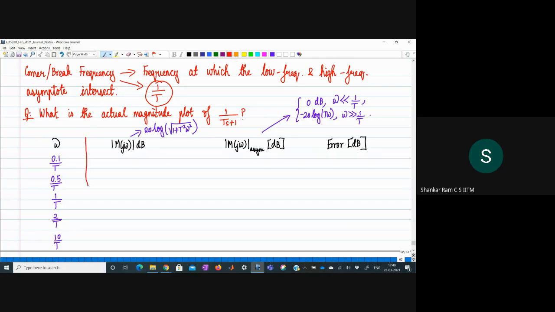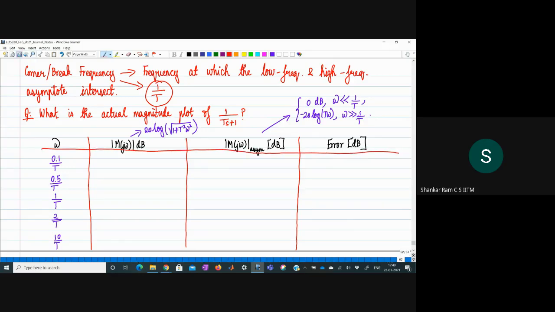Please calculate these numbers by substituting in these equations, and then we will observe what the actual magnitude value is vis-a-vis what we get from the asymptotic equation, the asymptotic magnitude.